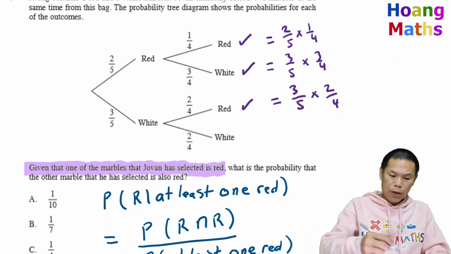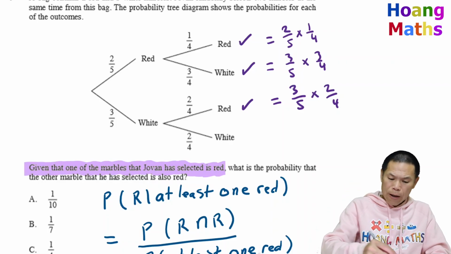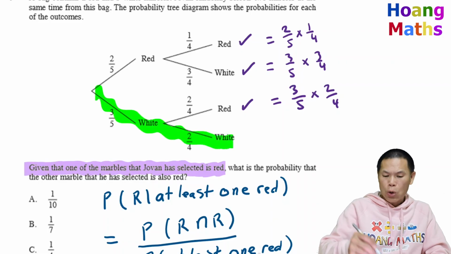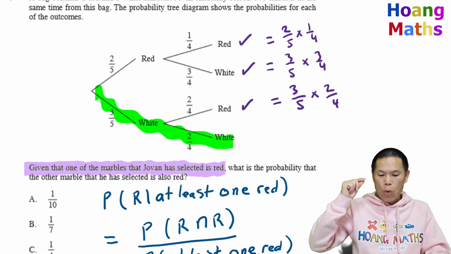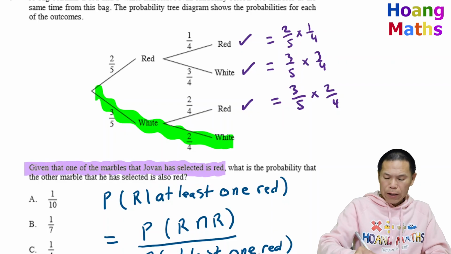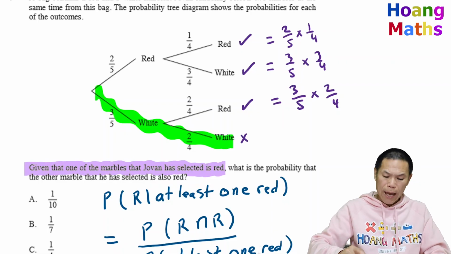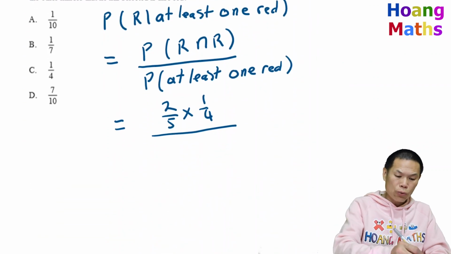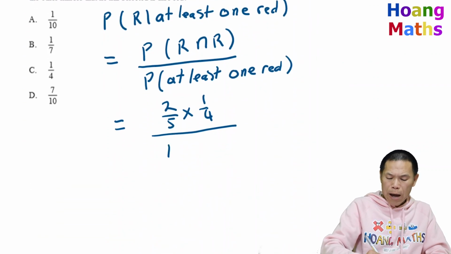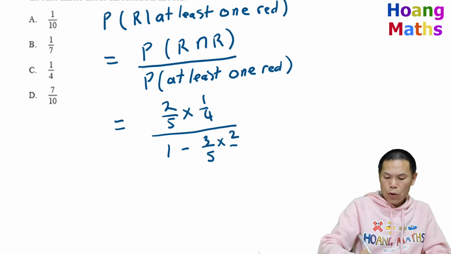But easier, we just go 1 minus this one out, because all the probabilities add up to 1. So I just go 1 minus white. So I don't want that. So 3/5 and 2/4. So that means 1 minus 3/5 times 2/4.